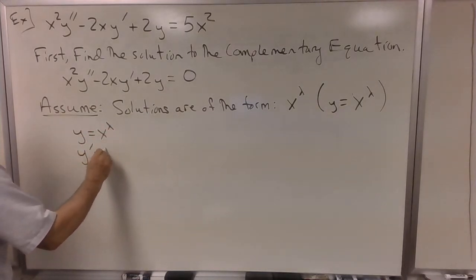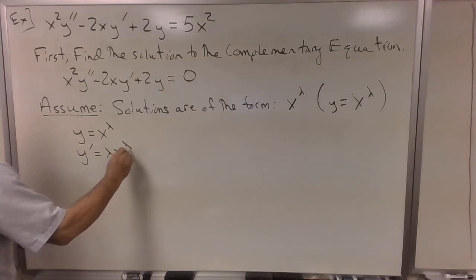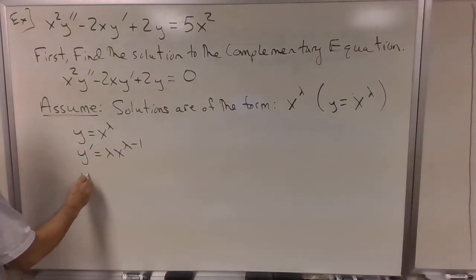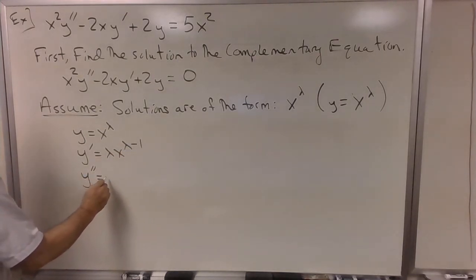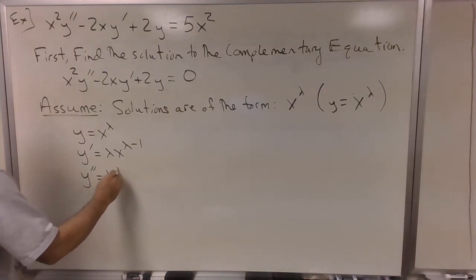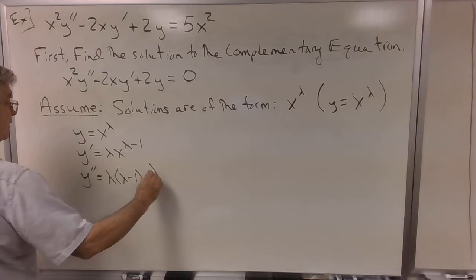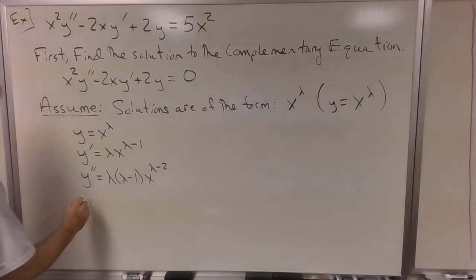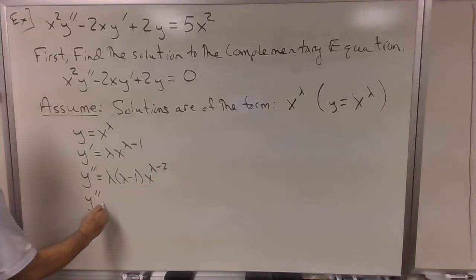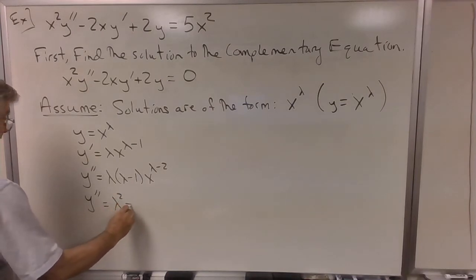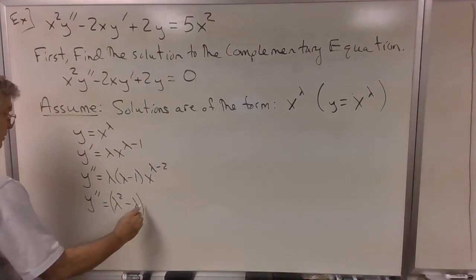Y prime is lambda x to the lambda minus 1. And y double prime is lambda times lambda minus 1, x to the lambda minus 2. And we can simplify that a little bit.